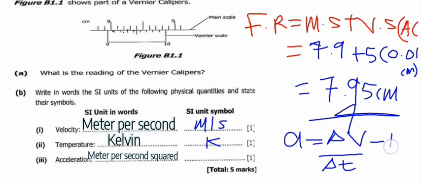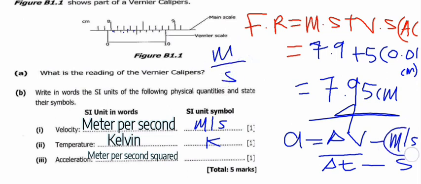Velocity is measured in meters per second, and time is measured in seconds. Since per is more like division, when I write m divided by s, it is the same as this one here. Then this is divided by time, s.